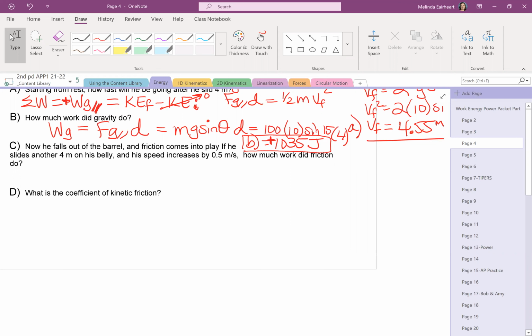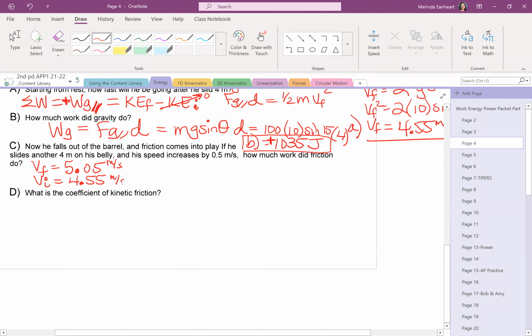Now it's going to increase by 0.5, so my new final velocity would be 5.05. My initial velocity for friction is the final from when I didn't have friction. They gave it to us, but you have to do a little thinking there. And the distance traveled is going to be another 4 meters. How much work did friction do now?